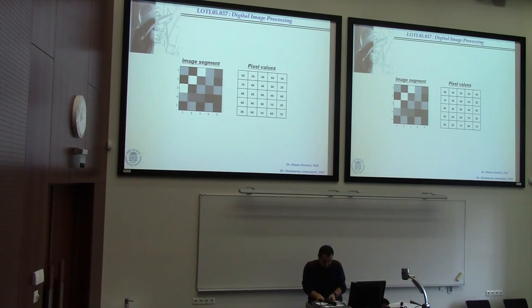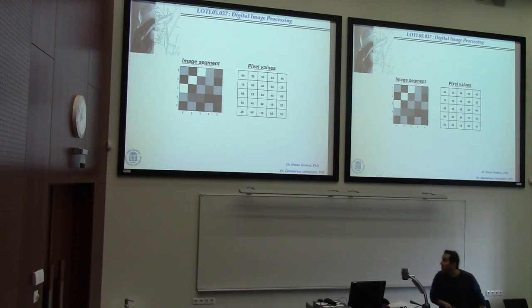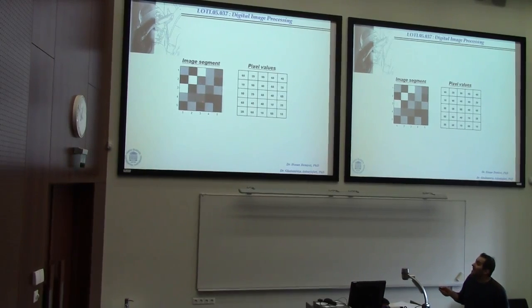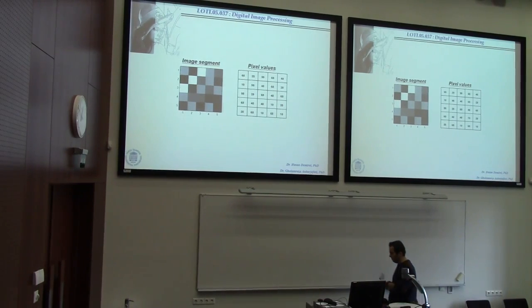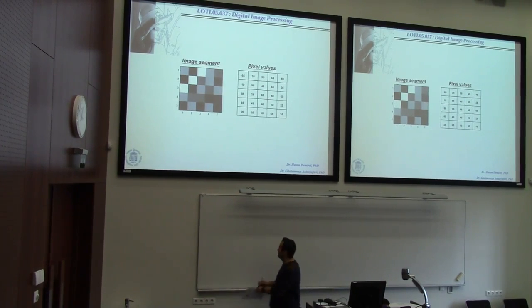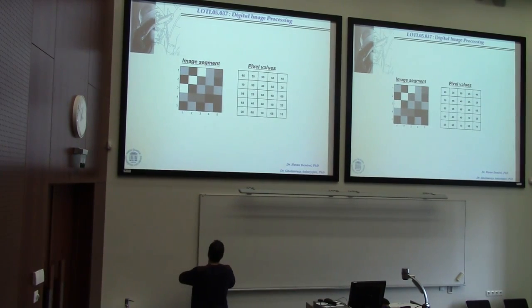Okay. We have this 8-bit image here, and we have the corresponding pixel values here. Then we have to find something here.